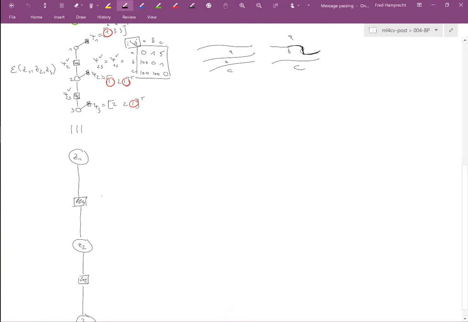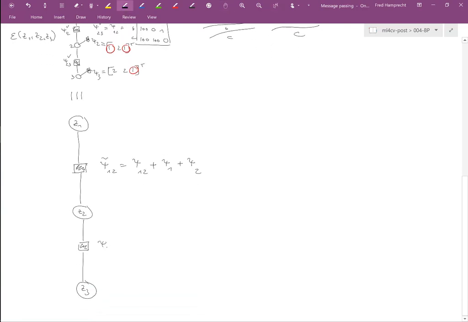So I'm creating here a new potential, which I'm calling psi12 tilde, and I'm saying this is the old potential psi12 plus I'm now absorbing in it the unary potential associated with the first node, and the unary potential of the second node.